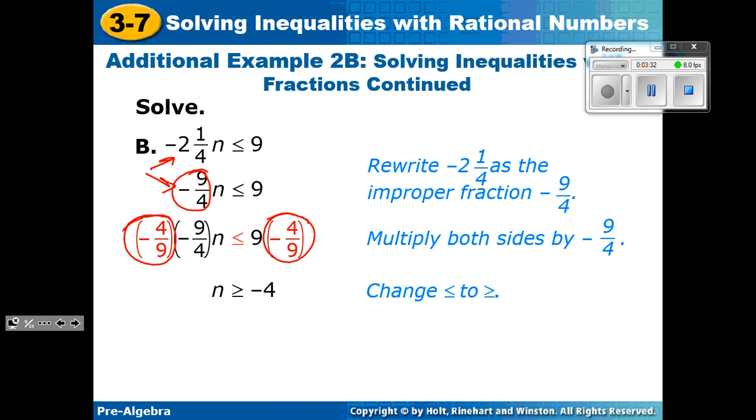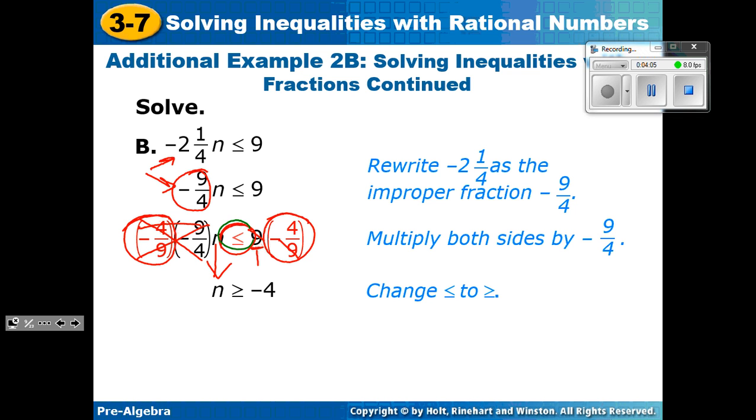Okay, so when we multiply negative 4/9 times negative 9/4, that goes away and leaves us with just n. When we multiply 9 times negative 9/4, this is like 9 over 1. The 9's cancel out. 4 times 1 on the top, 1 times 1 on the bottom, and keep our negative. So we've got negative 4. But I want you to notice this right here.